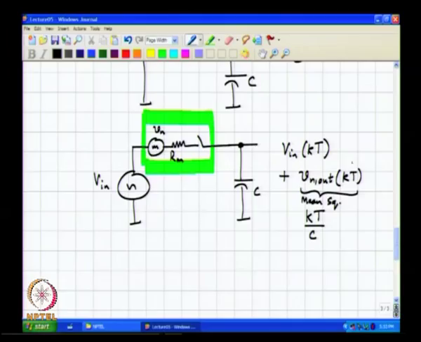This k is the index in time and T is the sampling period. Okay. So, I will call this n times T sub s.